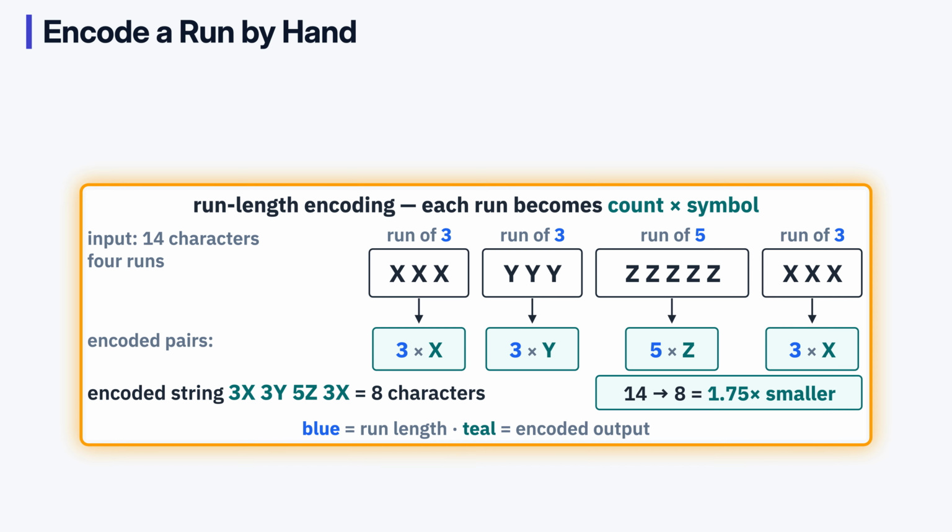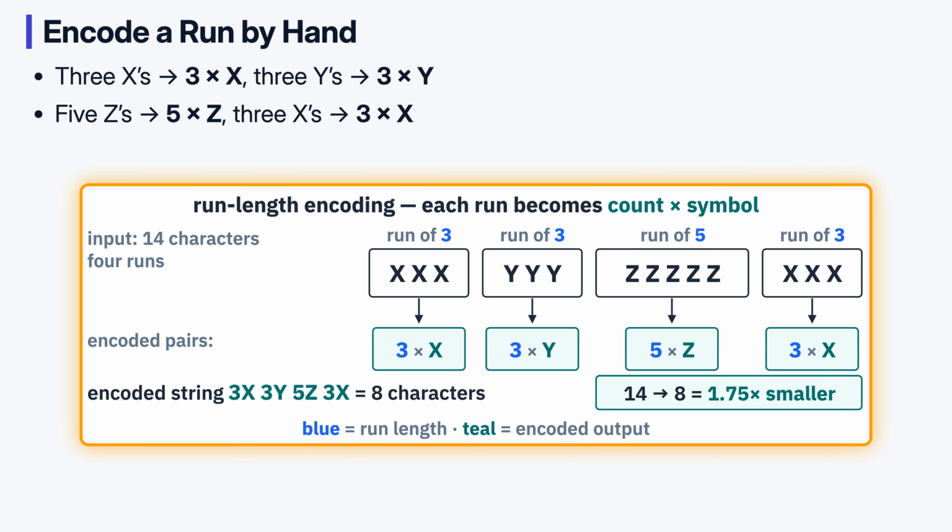Let's encode it, 1 run at a time. The first run is 3 X's, which becomes the pair 3X. The next run is 3 Y's, the pair 3Y. Then 5 Z's become 5Z. And the last run, 3 X's, becomes 3X again.